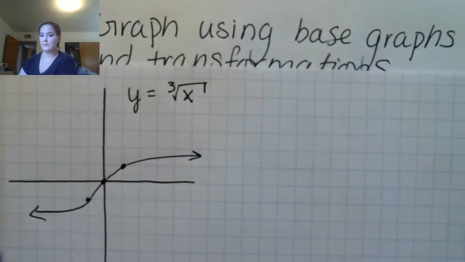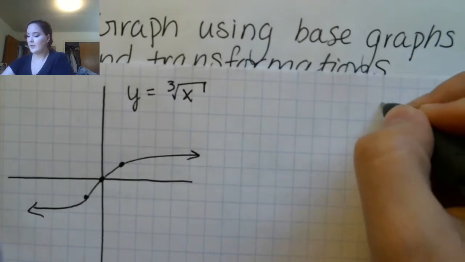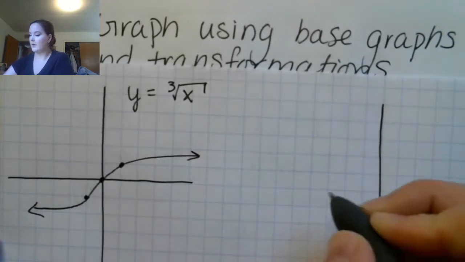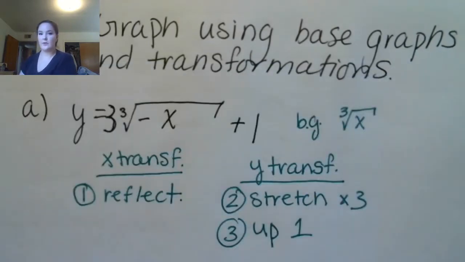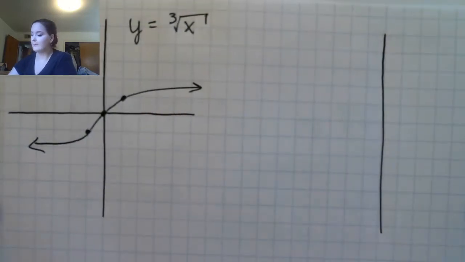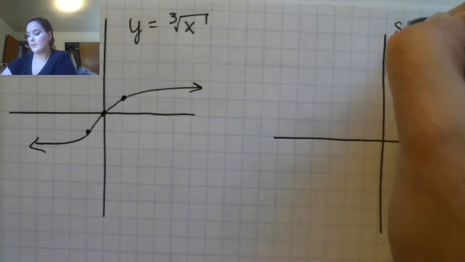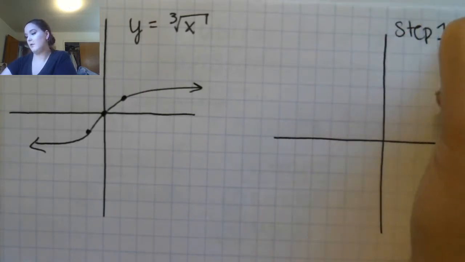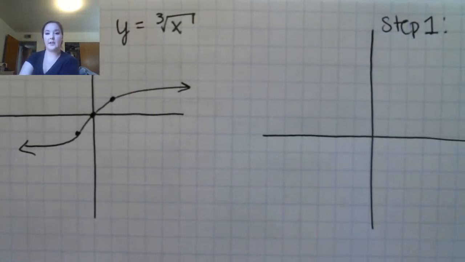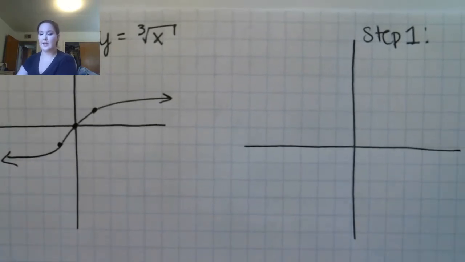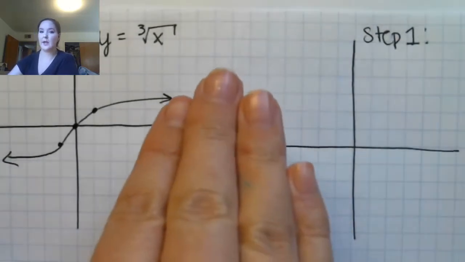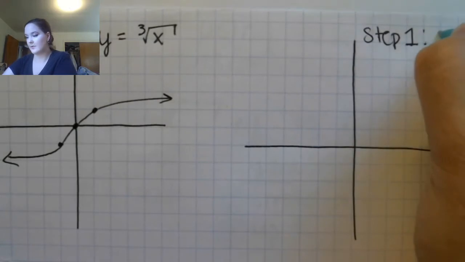Then our first step here, what did we decide to do first? Oh, reflect. So our first step is going to be to reflect the x coordinates. That's going to be to reflect this way across the y-axis.